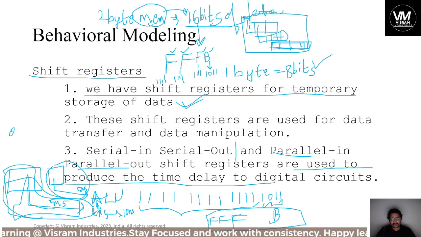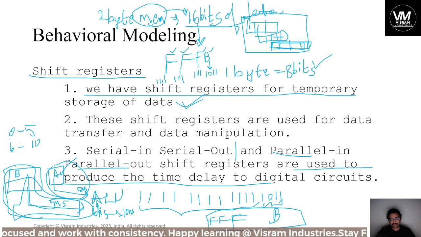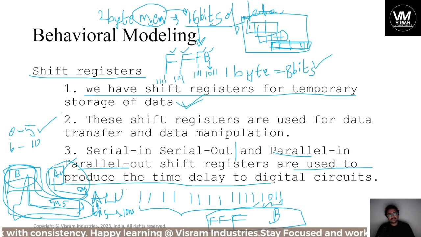So from 0 to 5 nanoseconds block A of memory will work, and from 6 to 10 nanoseconds block B of the memory will be working. But block B should wait for the first 5 nanoseconds. That's what time delay is. Time delay can have many definitions, but one simple example can be in this way.